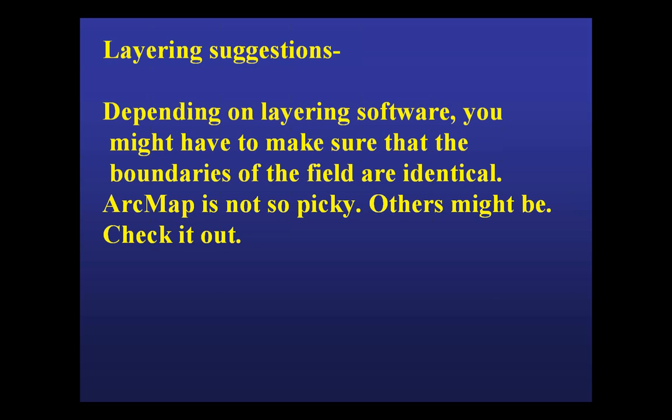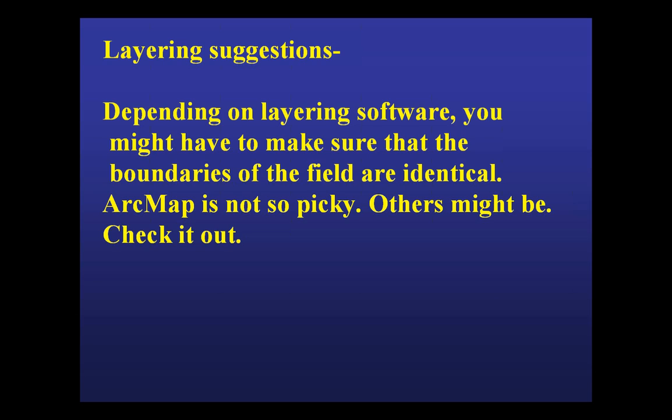Okay, good. All right, so here's some layering suggestions as I get close to wrapping this up. There's a couple things to look for. One is some programs aren't very picky about boundaries. You can measure boundaries a different way and layer something else that was measured another way, and it doesn't care. I think ArcView is pretty forgiving.